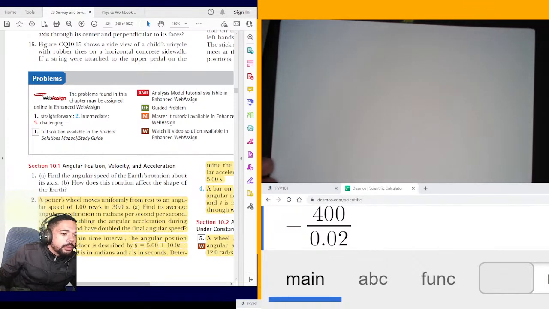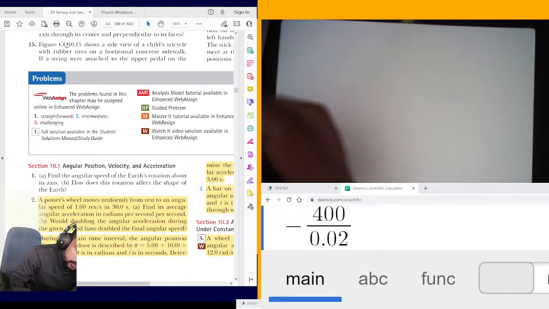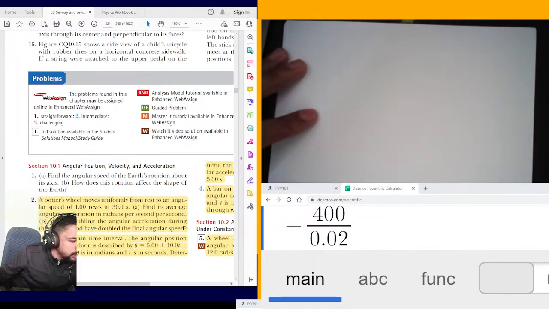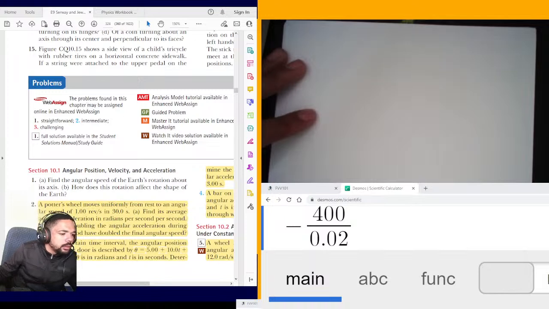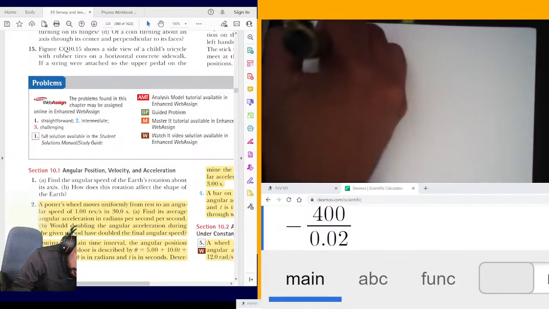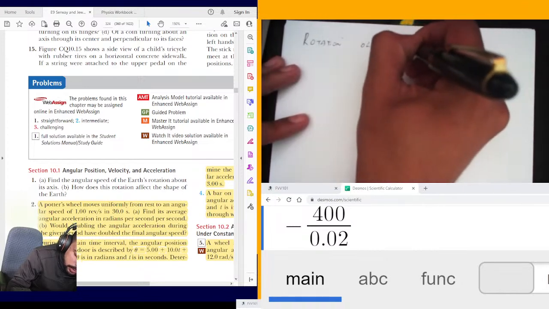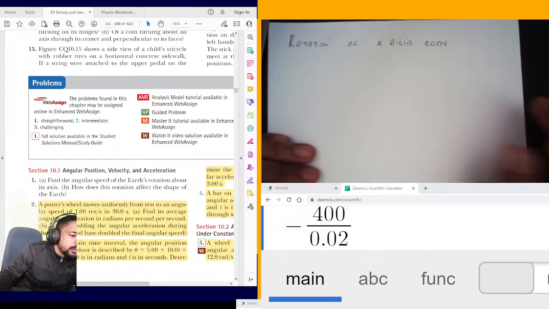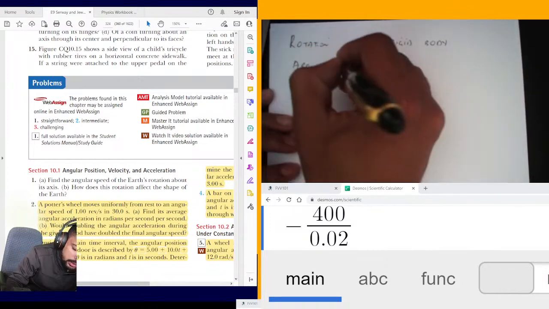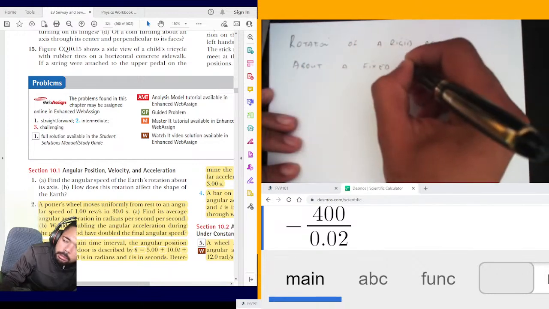Let's see. Question number 2. I'm just checking what the name of this topic is. Okay, rotation of a rigid body about a fixed axis.